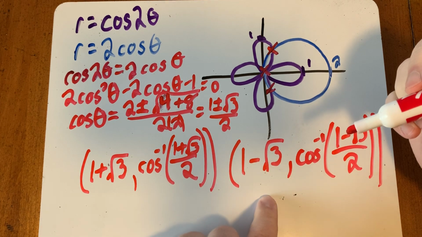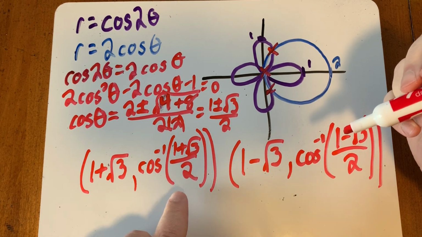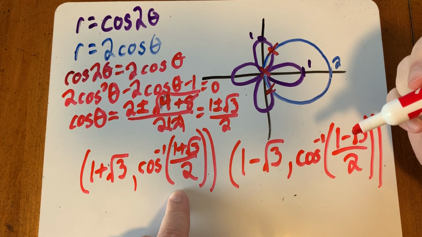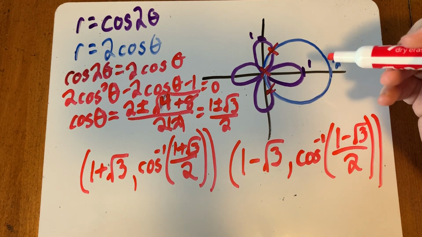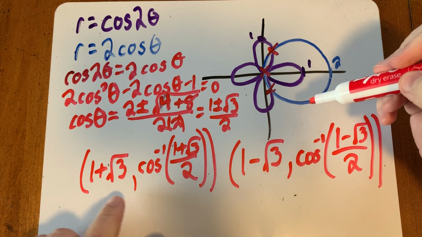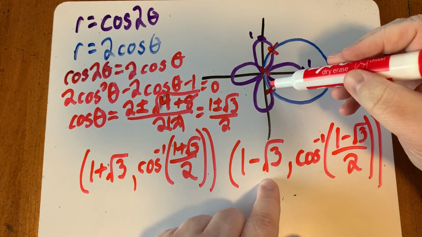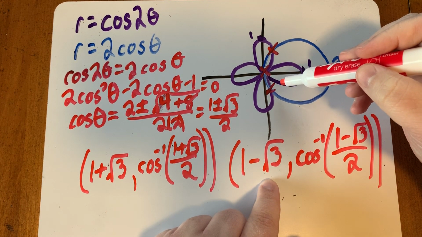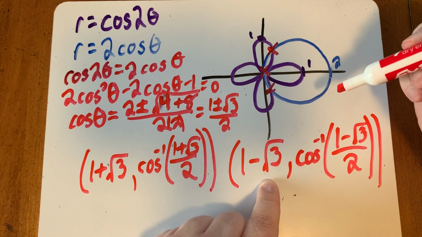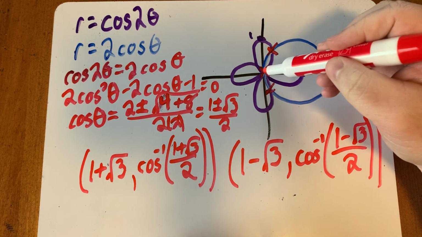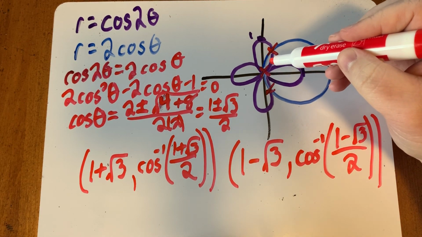This one's positive, that one's negative. All right. So this one would actually give us this, and this one would actually give us that one.